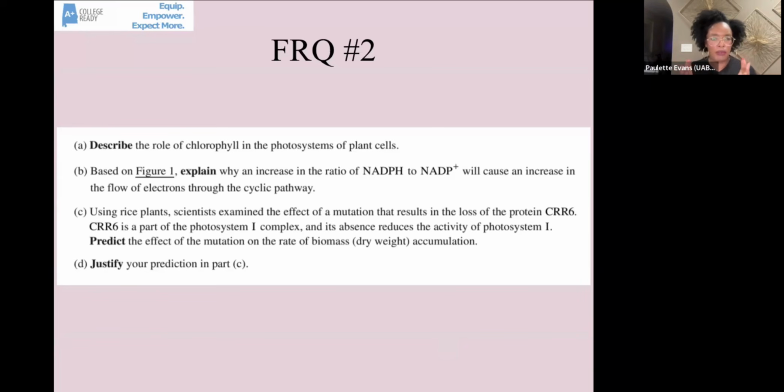If you want to take a screenshot with your phone or something like that to capture the questions for free response question 2, I'll go back to the figure so you can look at that while you're constructing your answer for Edpuzzle.